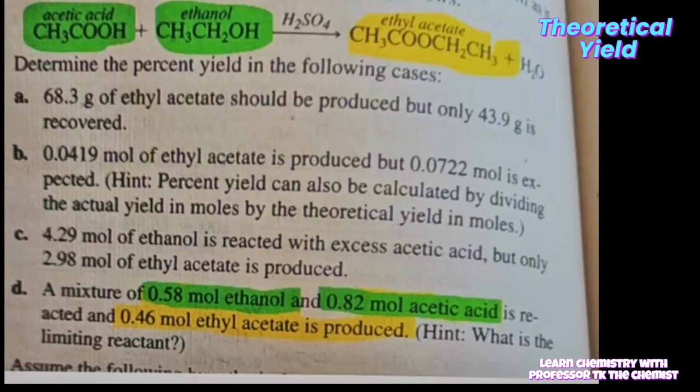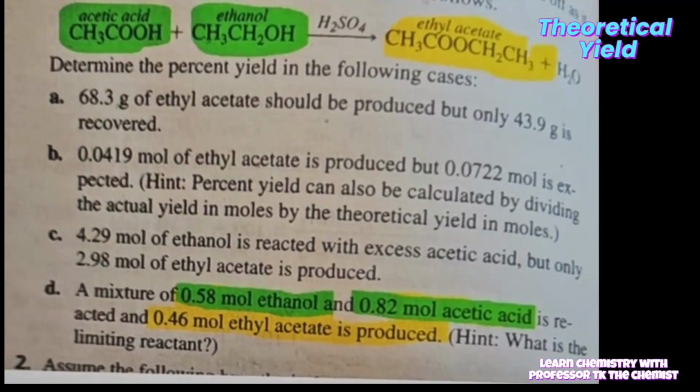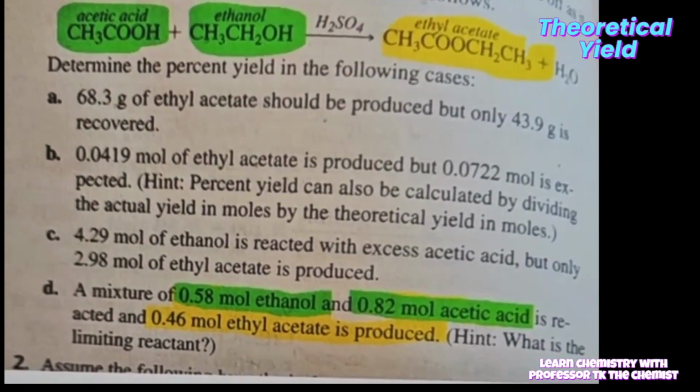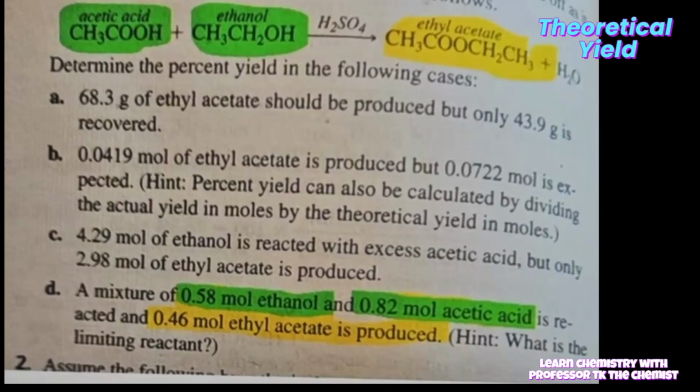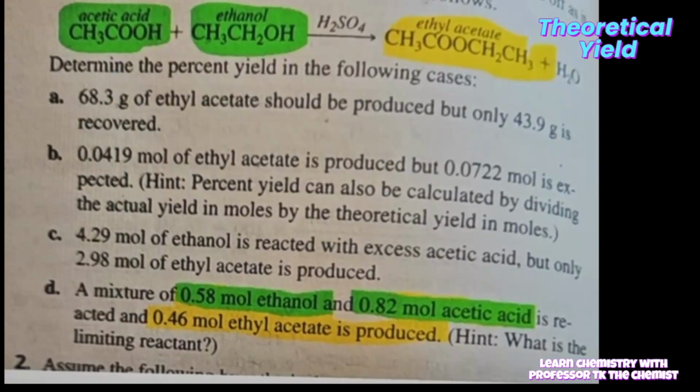That is the easiest thing. Pick the smallest number. The reaction is already balanced. Everything is already balanced. So in this case, since we are looking for the smallest number, guess what?